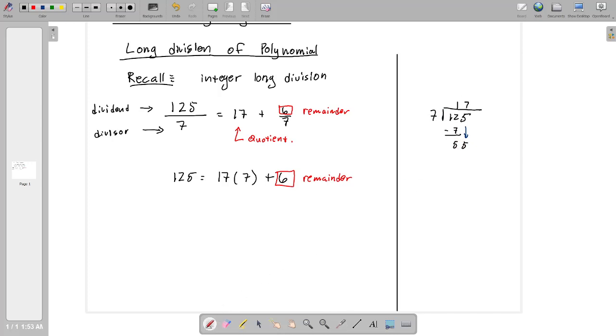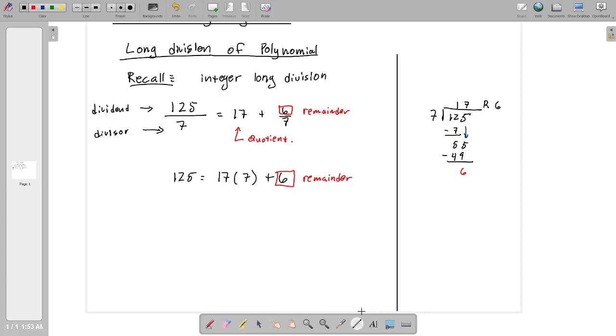That's 7. 7 times 7 is 49. Again, do not forget to subtract. We subtract, and we're left with a remainder of 6. 55 minus 49 is 6. Our answer to 125 divided by 7 is 17 with a remainder of 6.